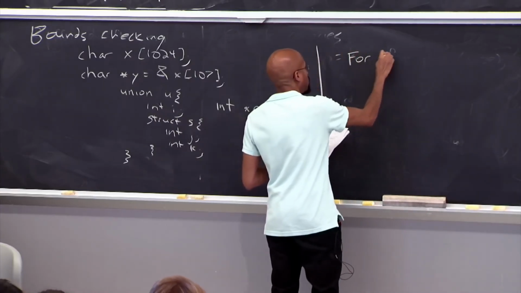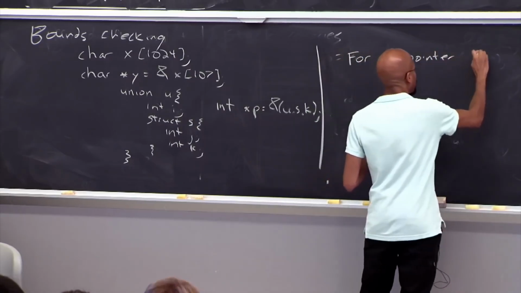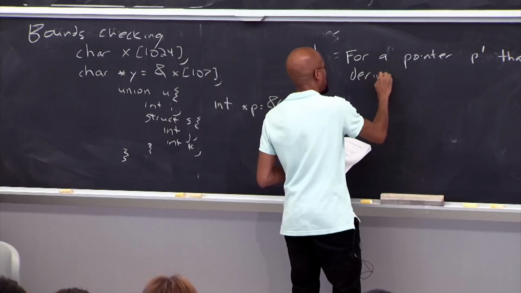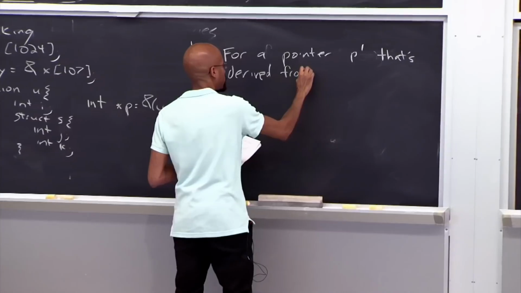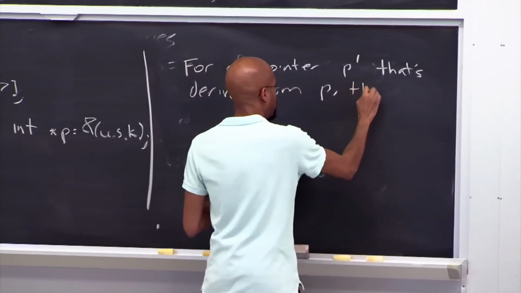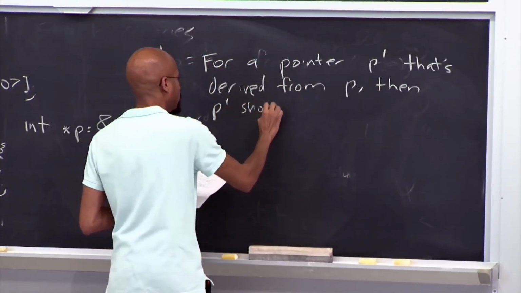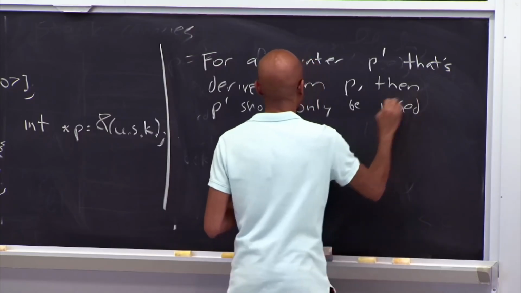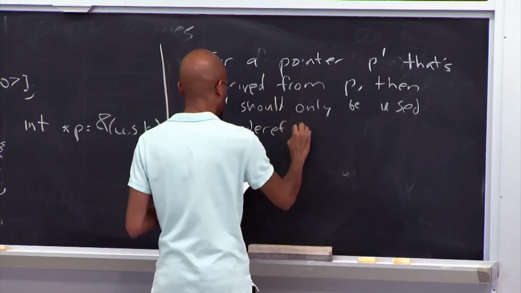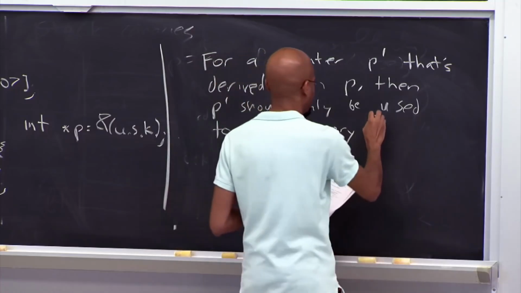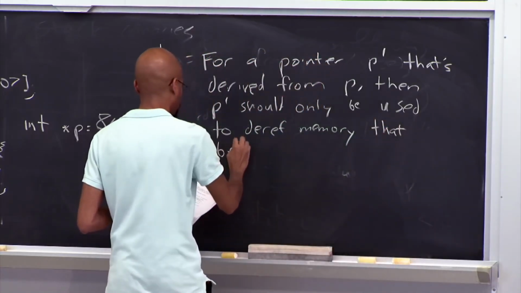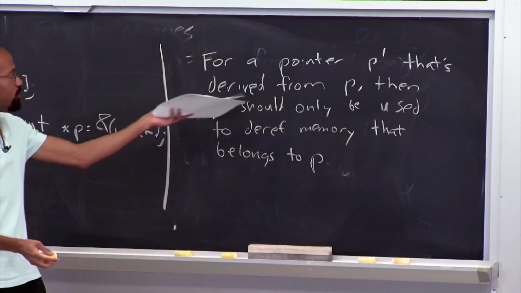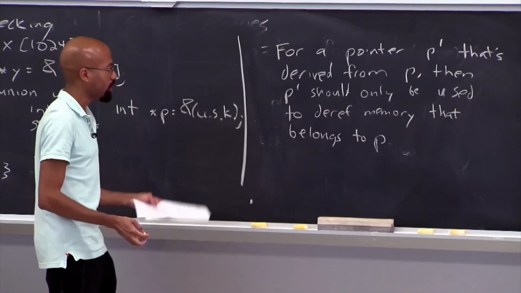If you have a pointer p prime that's derived from a base pointer p, then p prime should only be used to dereference memory that belongs to that original base pointer p.